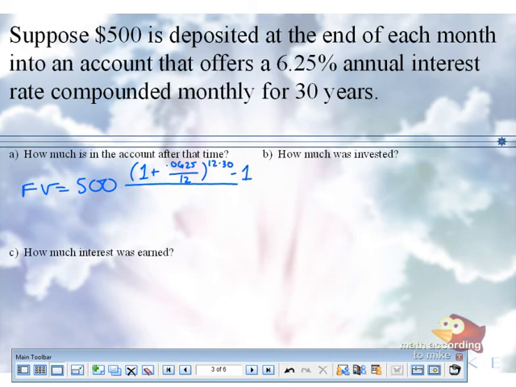Minus 1, all over another I, 0.0625 over 12.